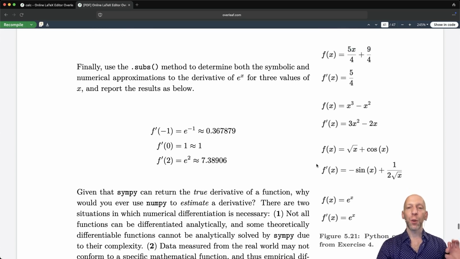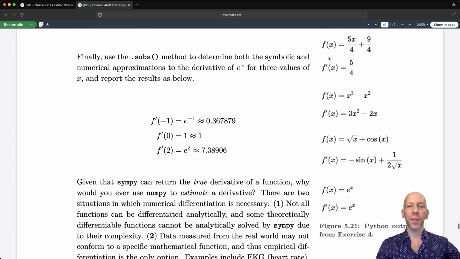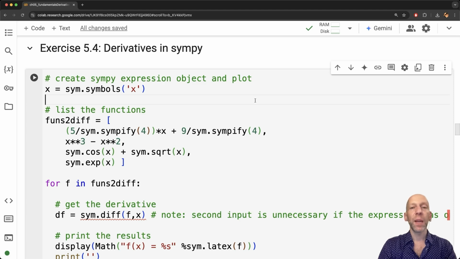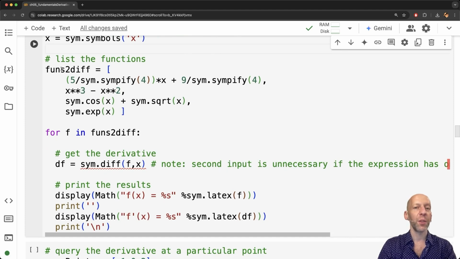So again, you implement these four functions in SymPy and then have SymPy calculate the analytic derivative and then print out the analytic derivative, or print out both the function and its derivative in pairs as you see here. There are many correct ways to solve this exercise. What I chose to do here is to create a list in which each element of the list is a symbolic expression for the function.